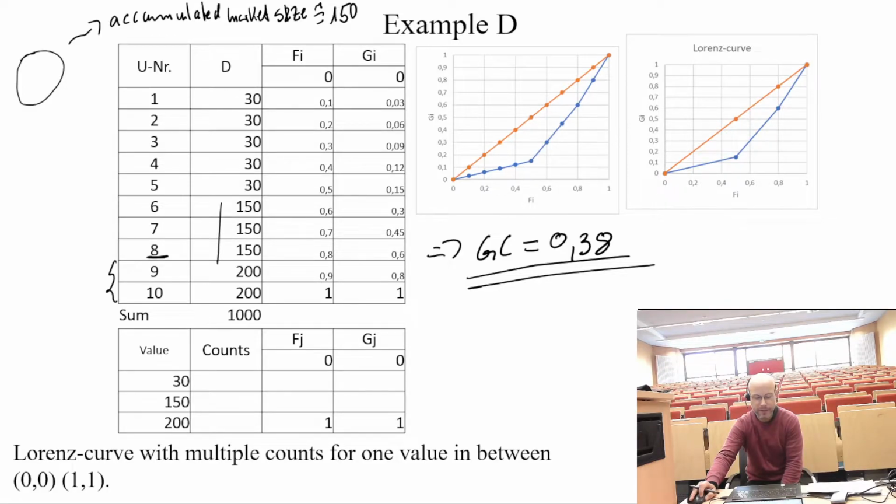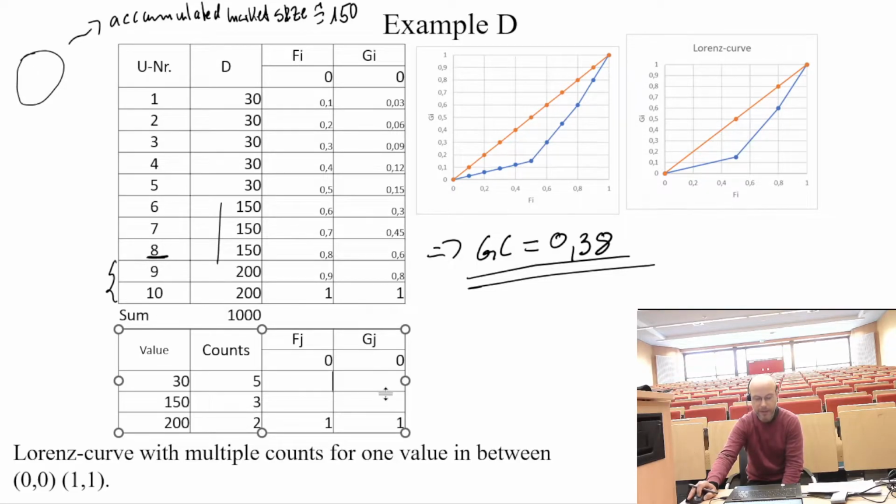And well, we could have done this, of course, also quite faster, since we know that here the first 5 single firms have the market size 30, and then we have 3 with the same size 150, and the largest firms with 200. So we can, of course, then also calculate this here. We have 5 times, we have 3 times, and here we have 2 times.